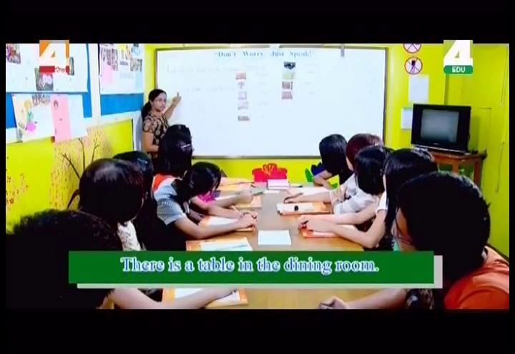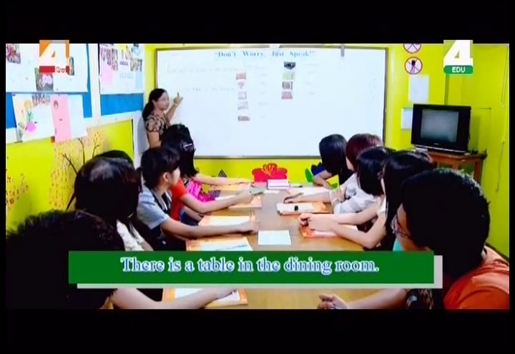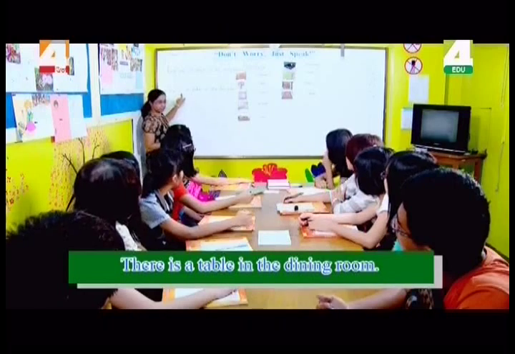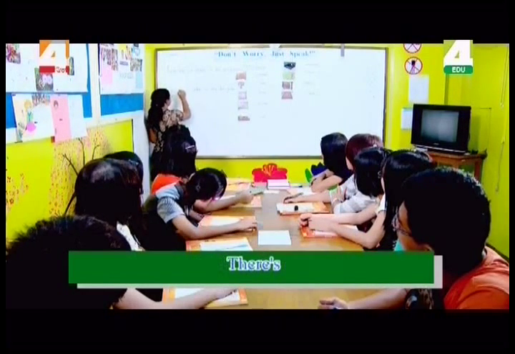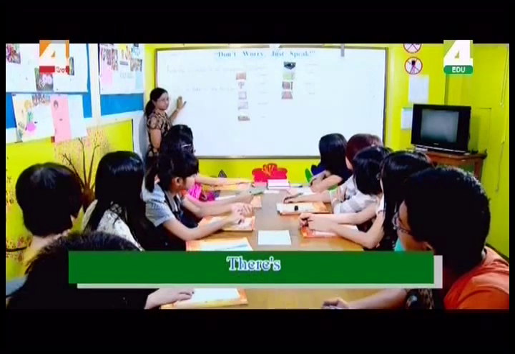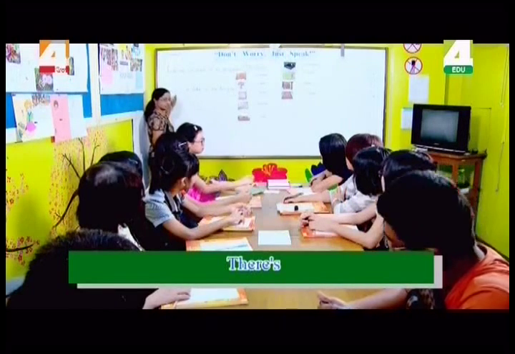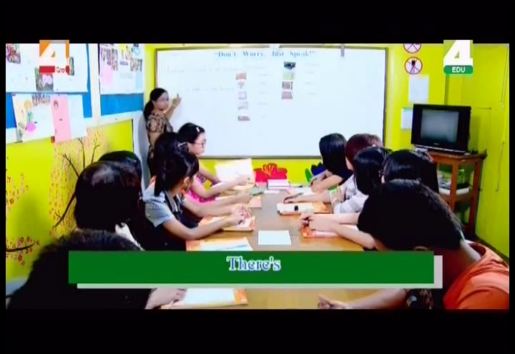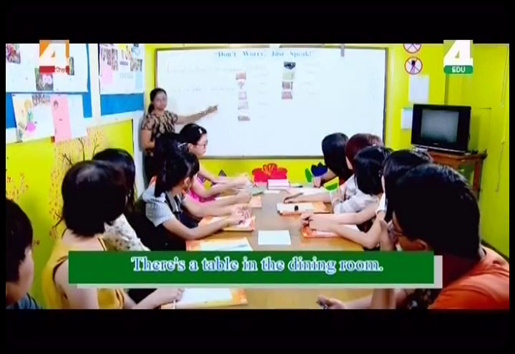Why do we use there is? Because it is only one, right? Singular noun. That's why we use there is. But if we speak, we use there's. Okay? There is. But if we speak, this is called contraction, so we use there's. There's a table in the dining room.